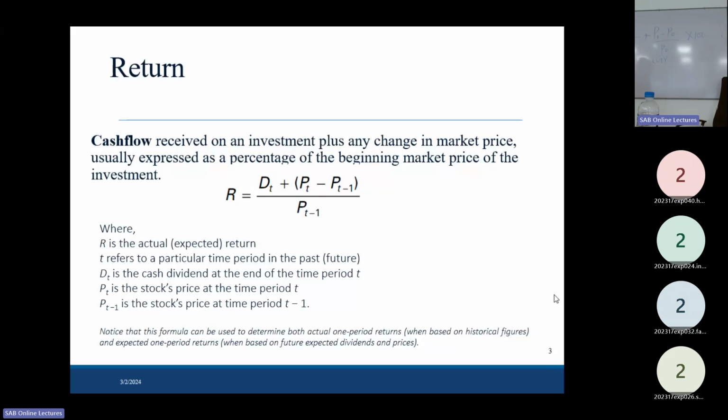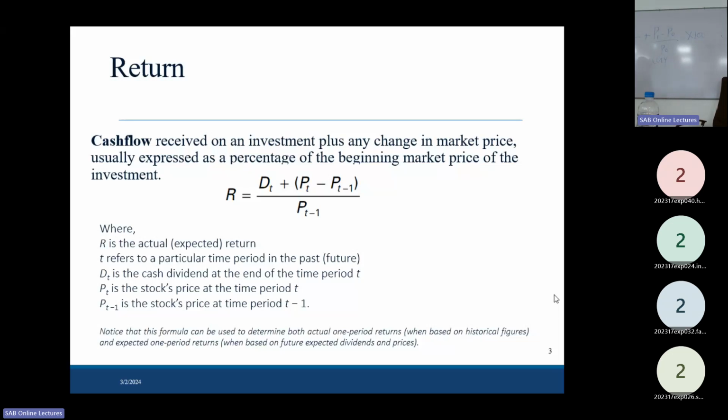So here you can see the two expected things in the return if you are investing in the stock market: dividend yield and capital gain yield. Now the variables. R is the return. It can be actual or expected. Based on past data, you can calculate return. Based on forecasted data with probabilities, you can also calculate the return. Both we discuss.